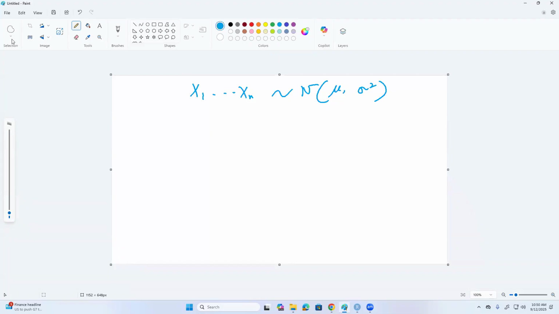We want to make inference about them. So the first thing we'll do, assume sigma square is known, and make inference about mu.